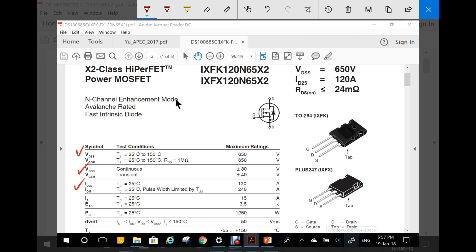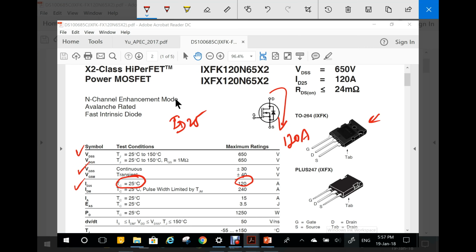Now, what this says is that the ID at 25, which means 25 degrees, is 120 amp. That is, you can pass through this transistor 120 amp. That's quite impressive for a device of this size.